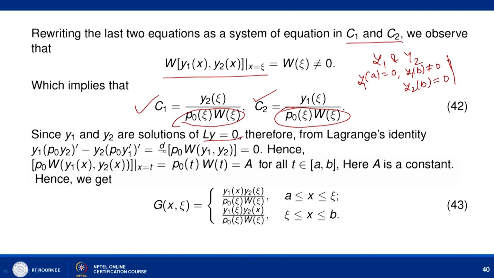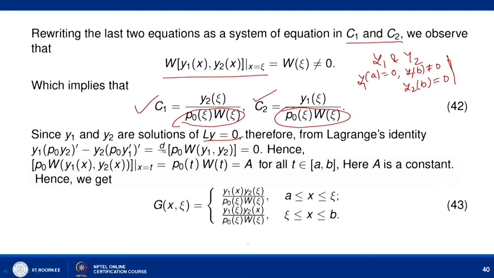Therefore, from Lagrange's identity, (y1 p0 y2' minus y2 p0 y1')' equals d by dt of p0 W(y1, y2). Since y1 and y2 are solutions, this is going to be 0. So, p0 W(y1, y2) is a constant value, and at any point x equal to t, which I denote as W(t), it is going to be a constant.